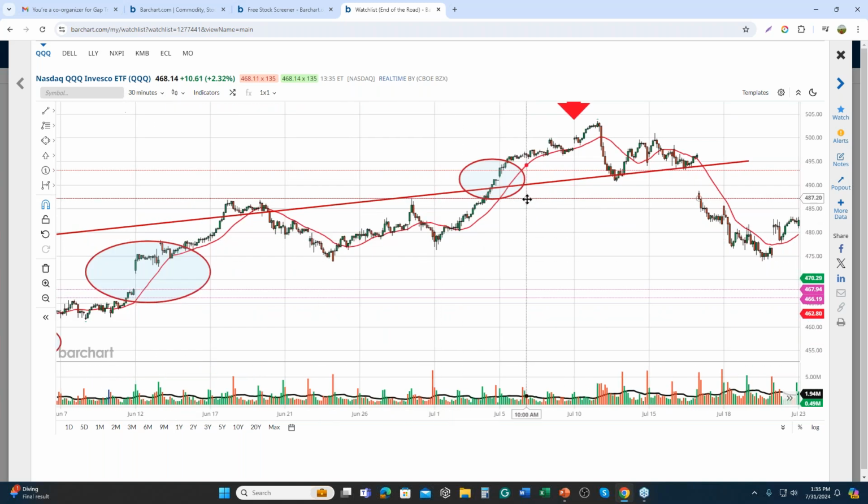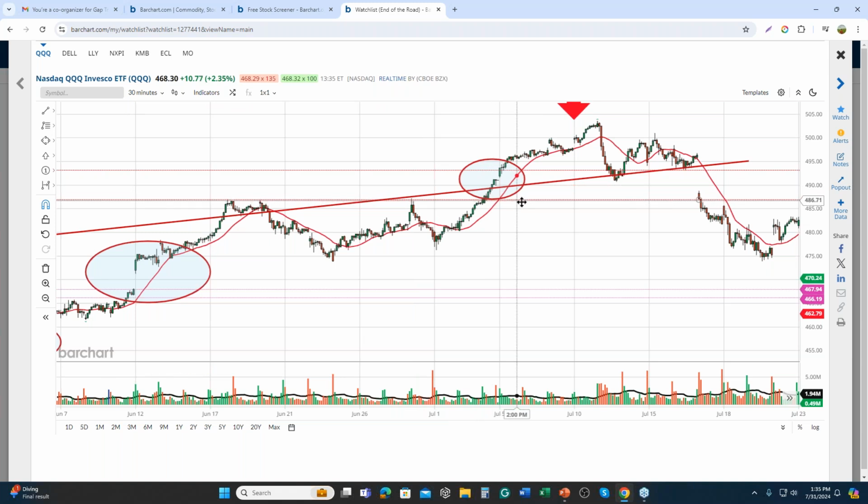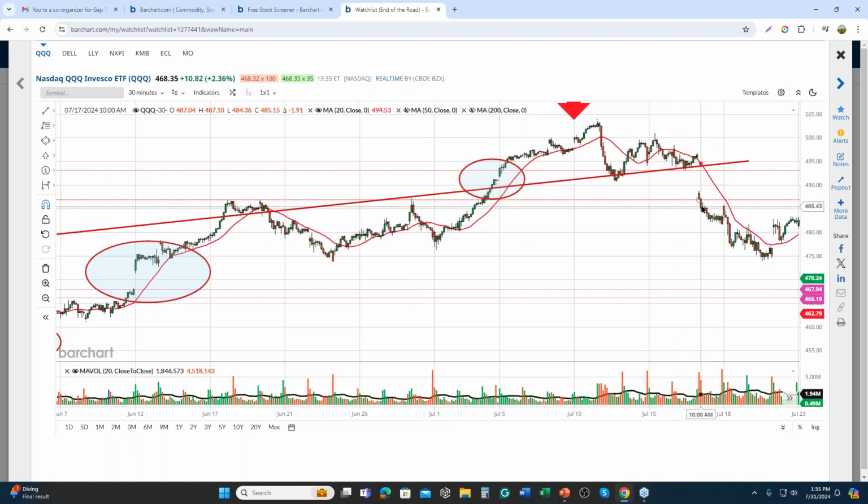Let me adjust this. This would be that old adage, old resistance becomes new support. So what we see here is that our two candles where we got the sell signal on the gap and go is where price broke through what would be conceived as a potential level of support.